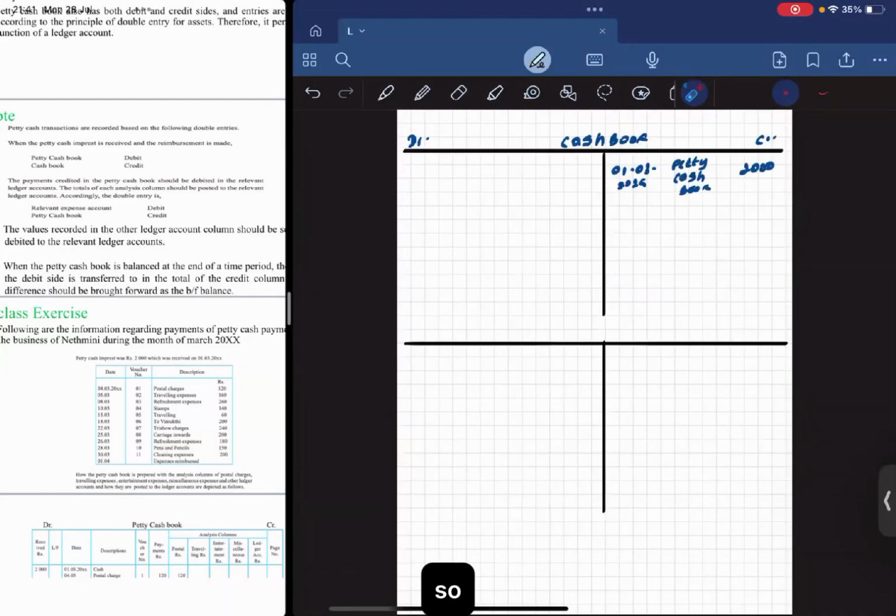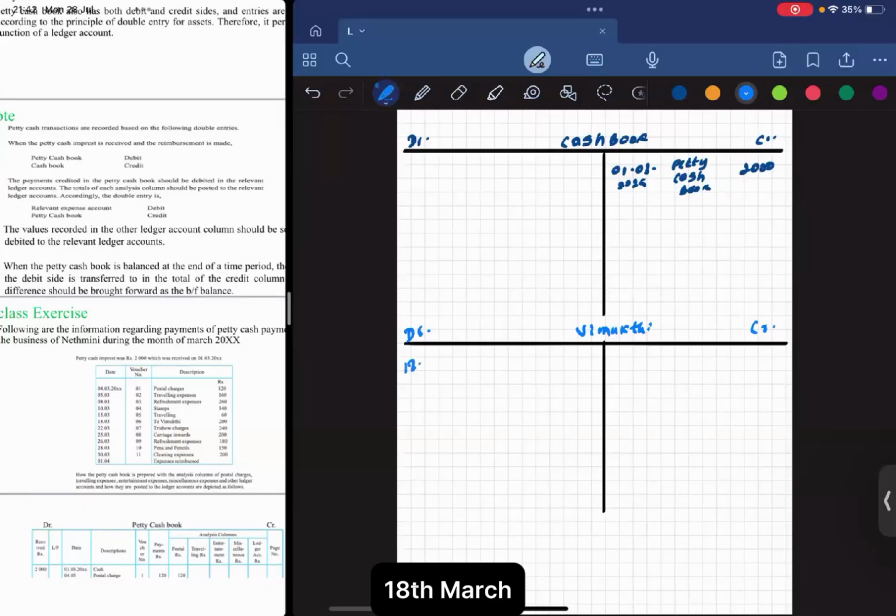So Vimukti, 18th March, petty cash book, and the amount is 200.